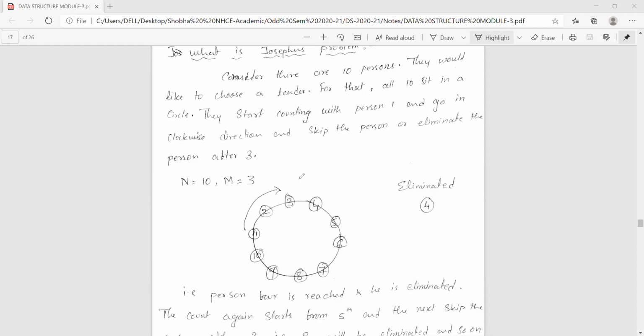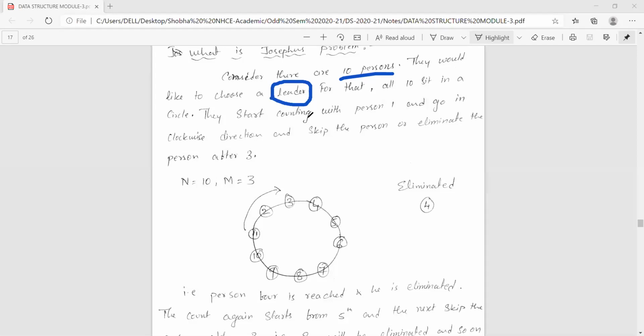There are 10 persons, and among them one person should be chosen as a leader, or actually 10 processes, among which we finalize which is to be executed first. So all 10 will sit or stand in a circle, like the one you are seeing below.